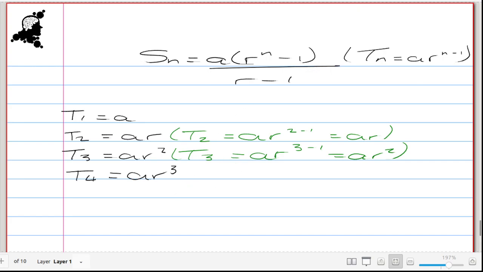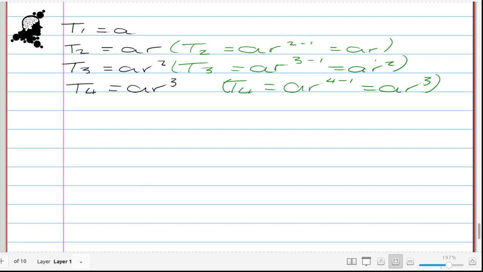The other technique is T4 is equal to ar to the power 4 minus 1, which gives you ar cubed. Now that we know this, let's find Sn. To get Sn, we basically need to add all of the terms. So a plus ar plus ar squared plus ar cubed, the ellipsis, and our last term is ar to the power n minus 1.